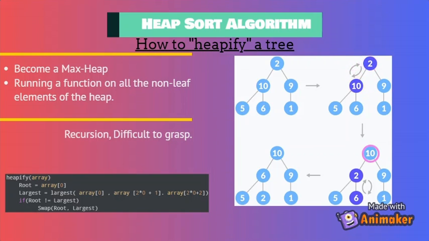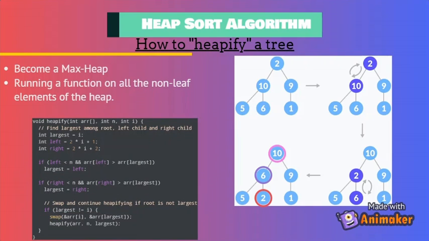Thus, to maintain the max heap property in a tree where both subtrees are max heaps, we need to run heapify on the root element repeatedly until it is larger than its children or it becomes a leaf node. We can combine both these conditions in one heapify function. This function works for both the base case and for a tree of any size. We can thus move the root element to the correct position to maintain the max heap status for any tree size as long as the subtrees are max heaps.